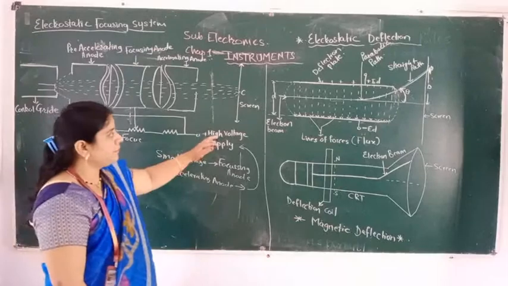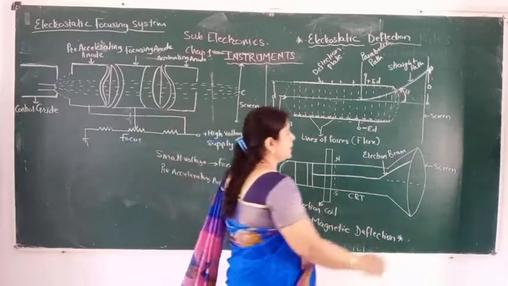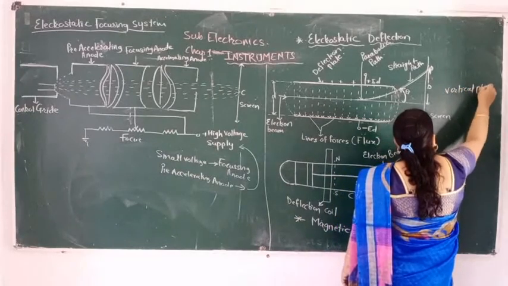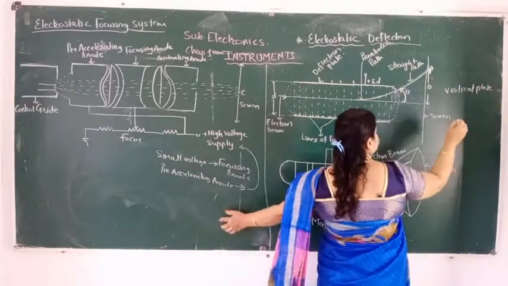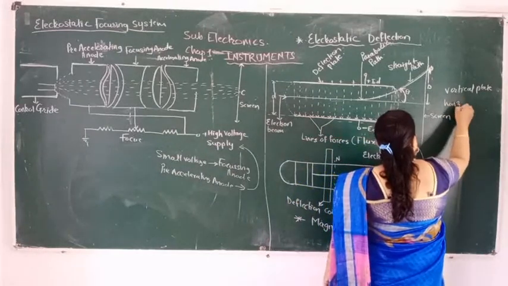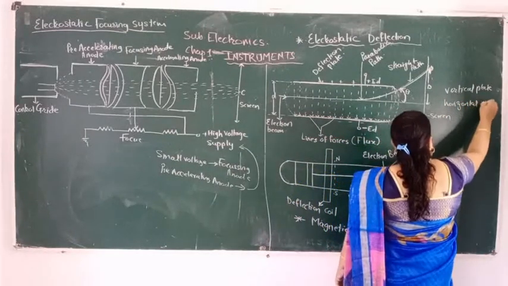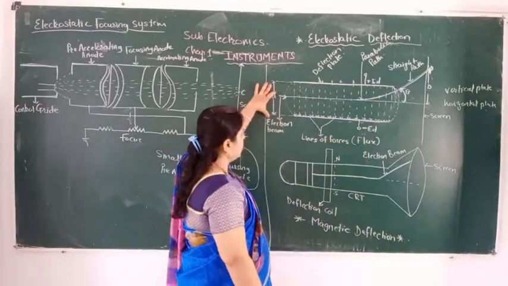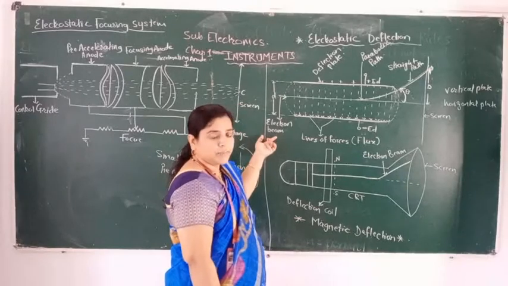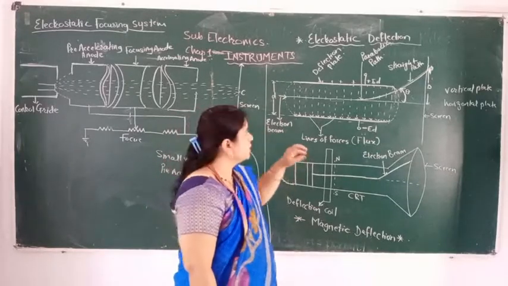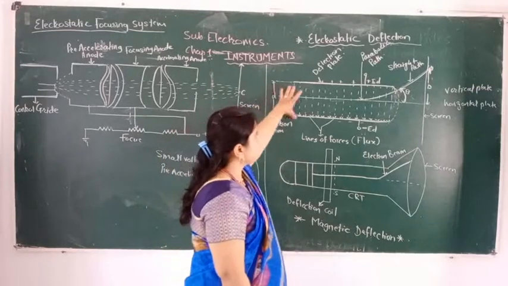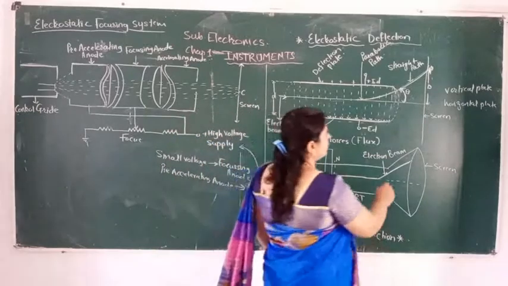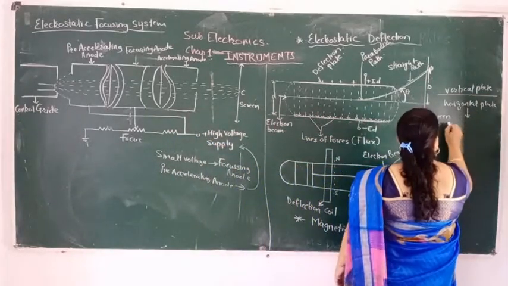So it has two plates, a vertical plate and a horizontal plate. The vertical plate we have seen in a CRT, and the horizontal plate. To the vertical plate, input is given. We are applying the input to the vertical plate so that the electron beam starts moving, and to the horizontal plate we apply the sawtooth wave.